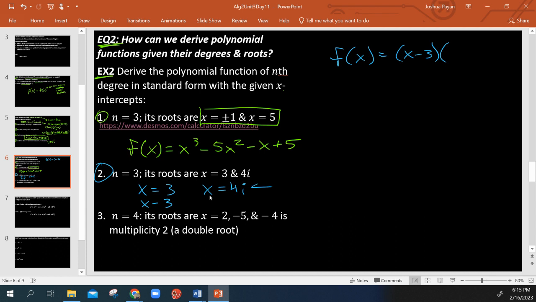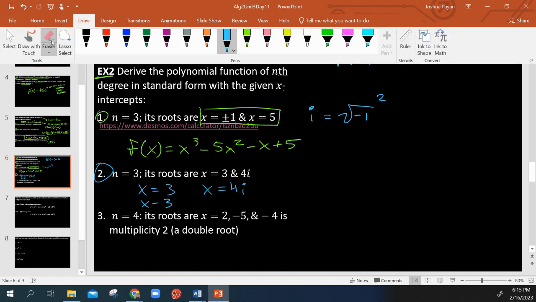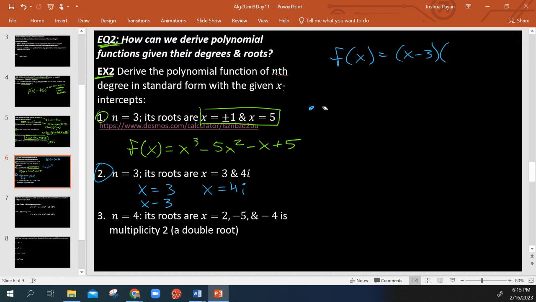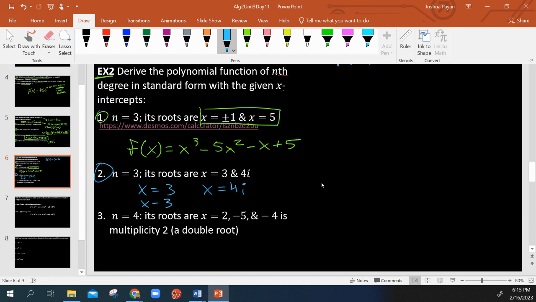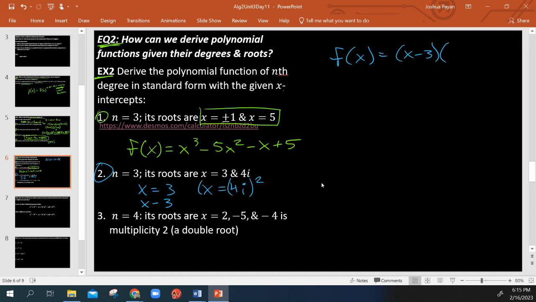Okay, so this one is going to require a little bit of a special touch. I need to get rid of this imaginary unit i, right? Well, remember, i is the square root of negative 1. So if I just square it, it's going to become negative 1 because i squared is negative 1. Okay, so if I just square both sides, I'm going to arrive at, instead, x squared is equal to, okay, so 4i times 4i, that's going to be negative 16.